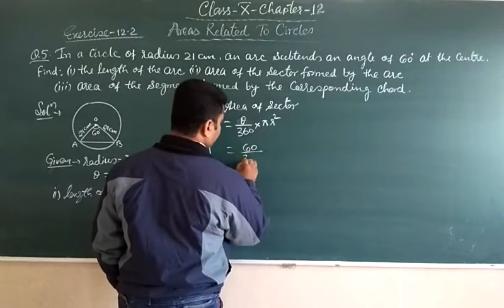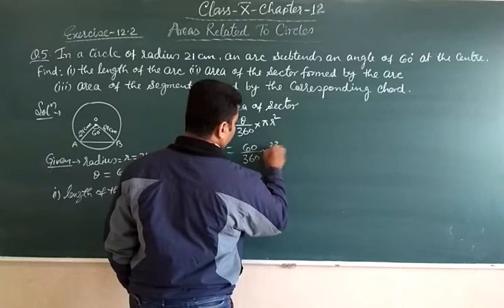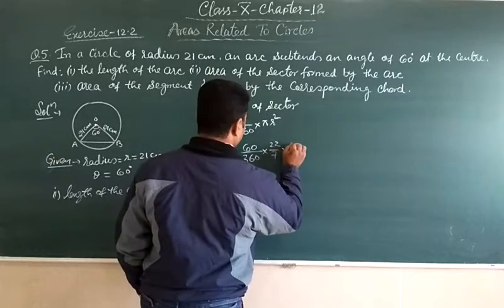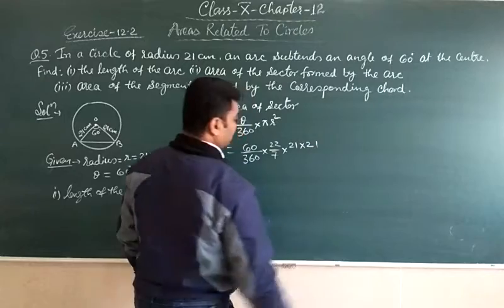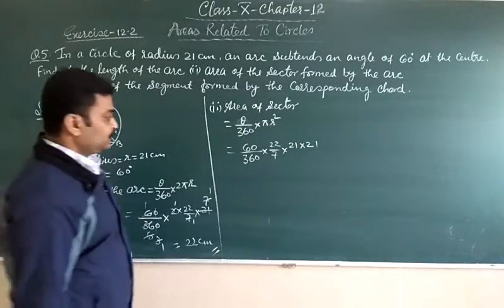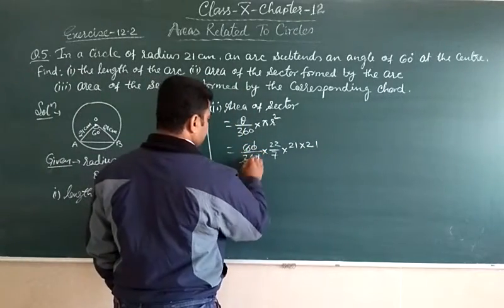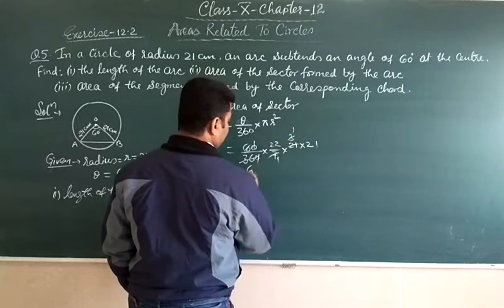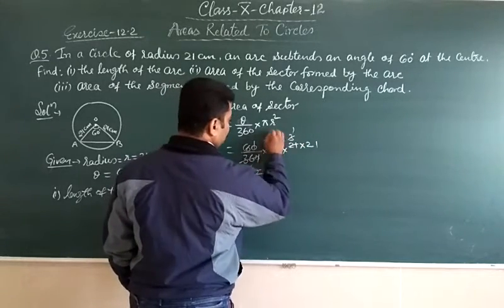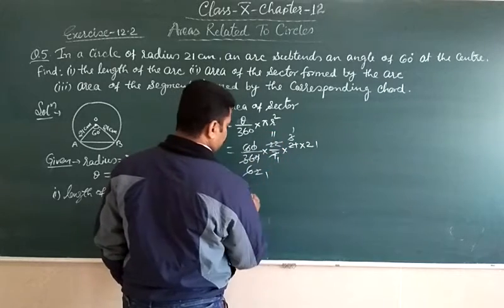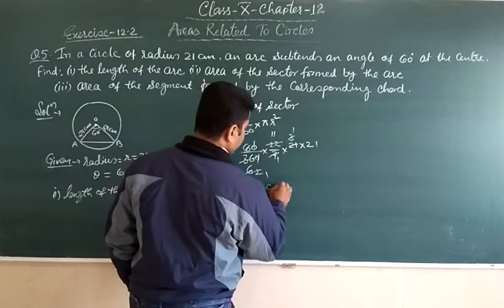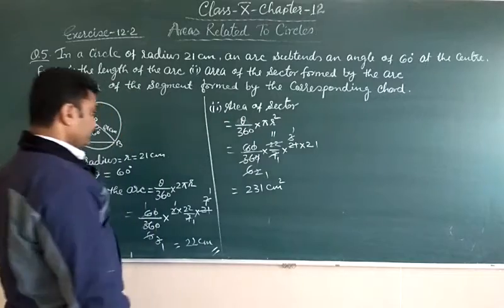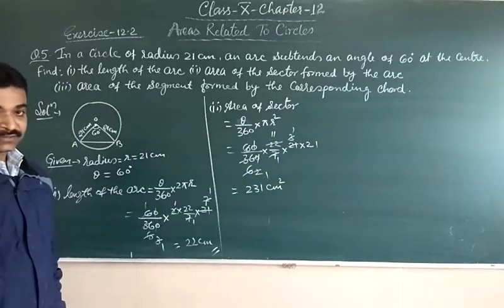Theta 60 upon 360 into 22 upon 7 into 21 into 21. Clear? 0 0 cancel, 6 1 6, 6 6 36, 7 1 7, 7 3 21, 3 1 3, 3 2 6, 2 1 2, 2 11. That is 231 centimeter square is the area of the sector.